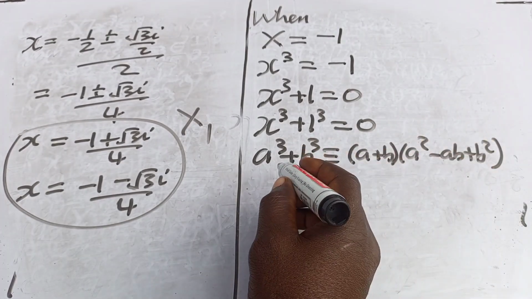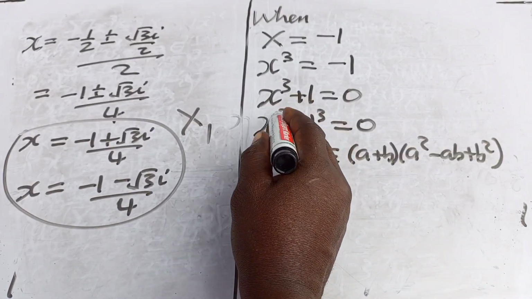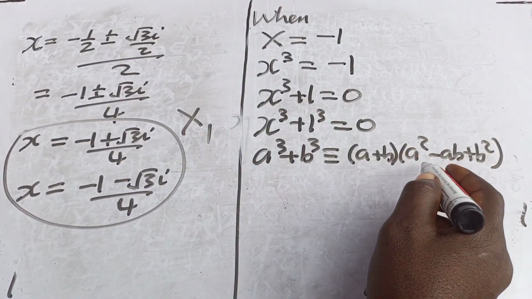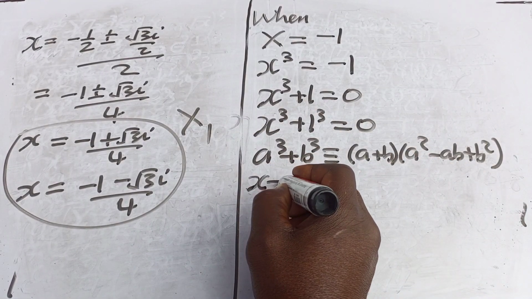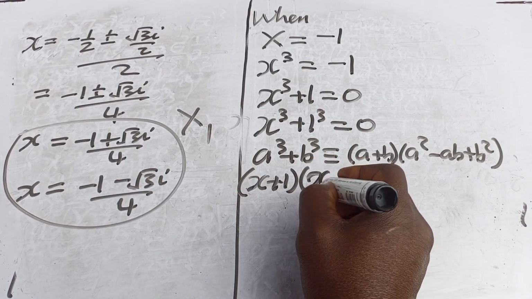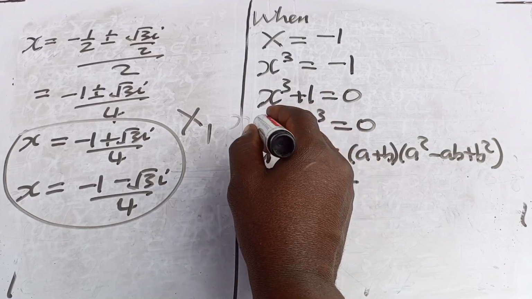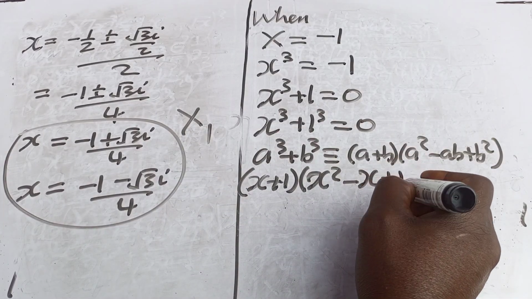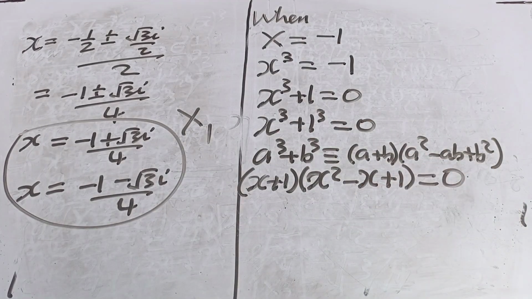When we use this identity here, we're going to transform this left hand side to resemble this right hand side. So we're going to have x plus 1 into x squared minus their product plus 1 squared is equal to 0.